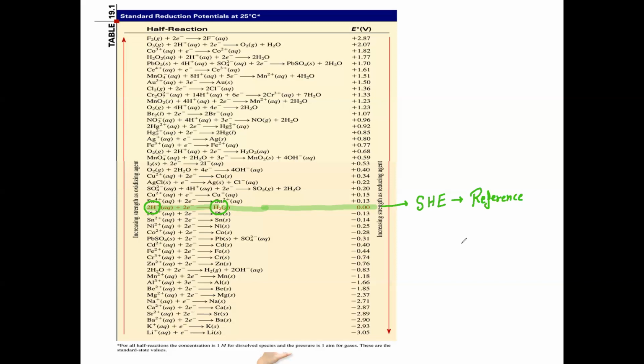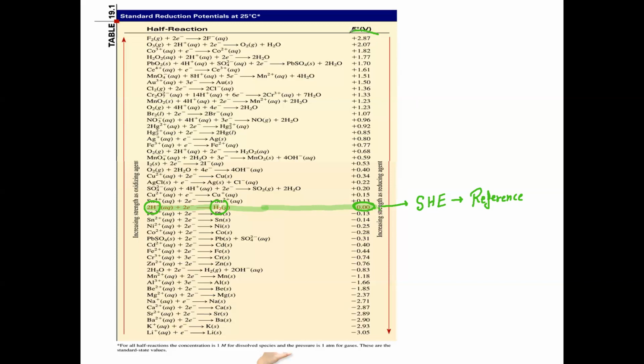This table is made on this reference. This is our reference value. This is assumed. We have assumed this value that, okay, let's take hydrogen as 0. Reduction of hydrogen potential 0. That we have assumed. Now the rest are all measured experimentally using this.